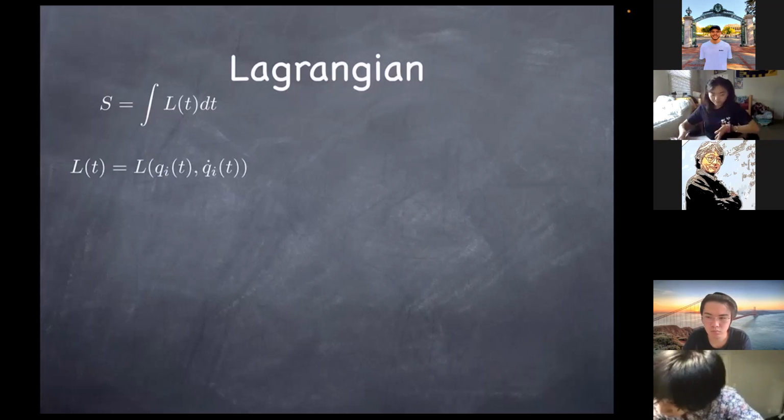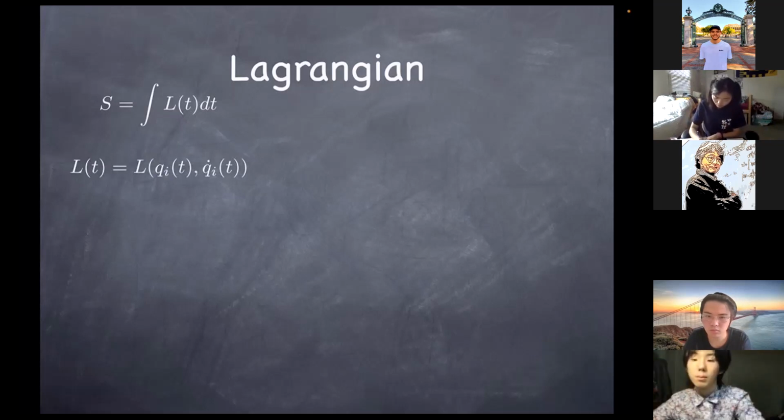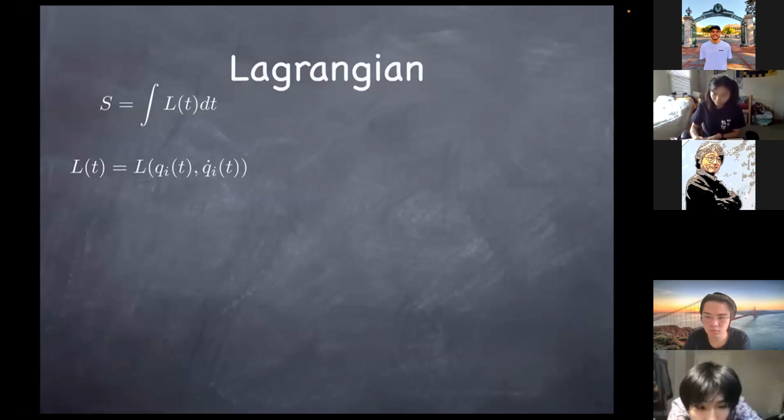Whenever you have a dynamical system, you try to describe it using some kind of variable, and q is the variable in this case. Then you have q as a function of time, and you also specify the time derivative q dot, and the Lagrangian is supposed to be a function of q and q dot. So that's the Lagrangian.